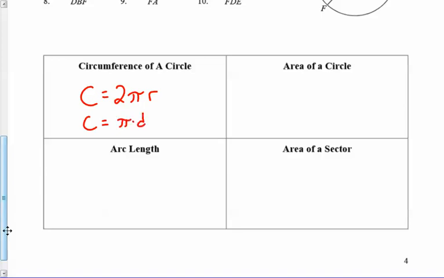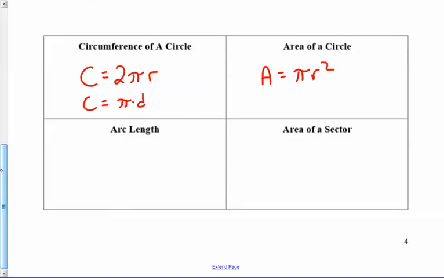The area of a circle is equal to pi r squared. Okay, so we'll be using those when we find arc length.